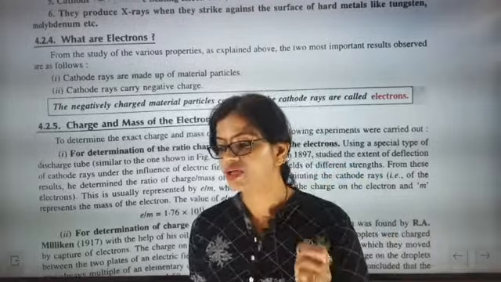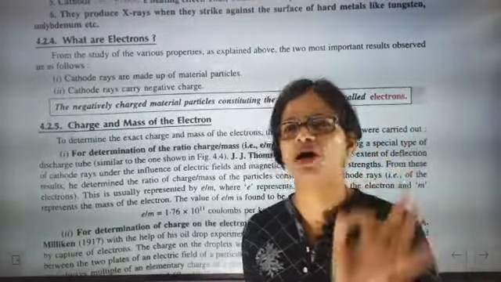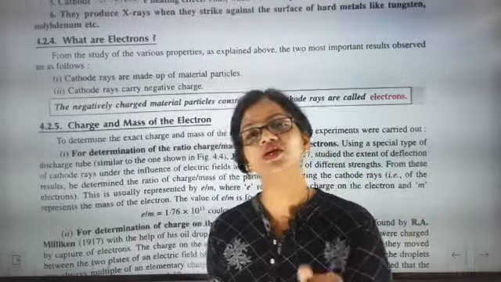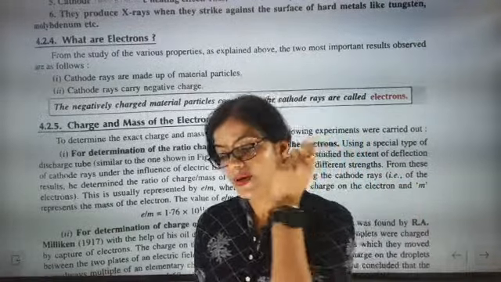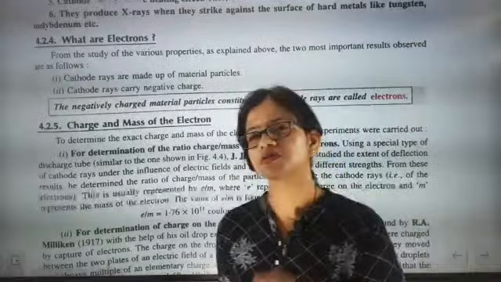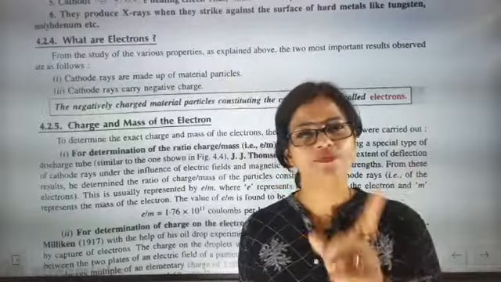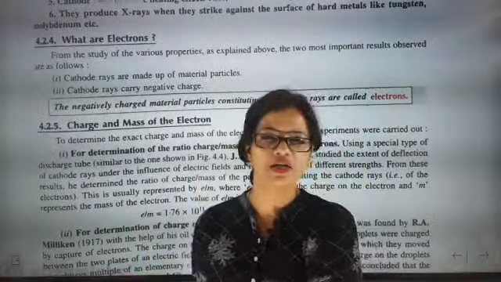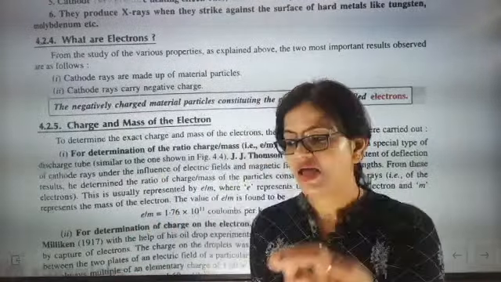Because each and every particle present in nature, in the universe, may be small or big, but it does have mass. So we should know the mass of the electron also, because we said that the cathode rays have negatively charged particles, and we have named this negatively charged particle as electron.